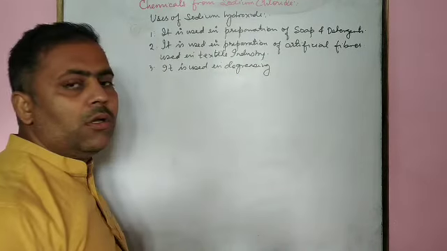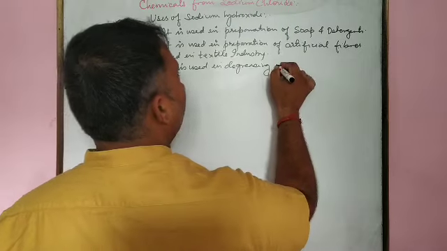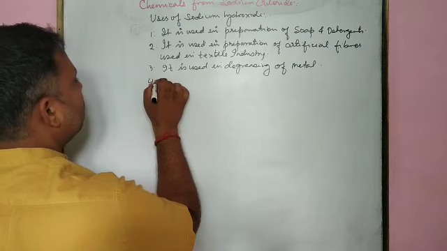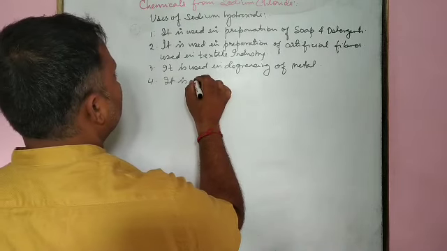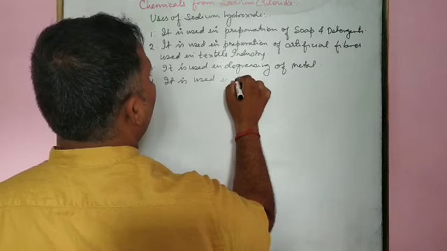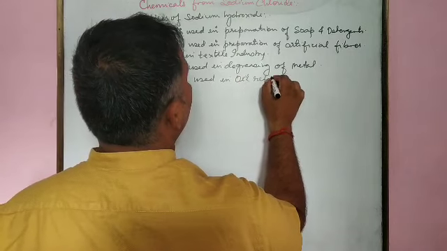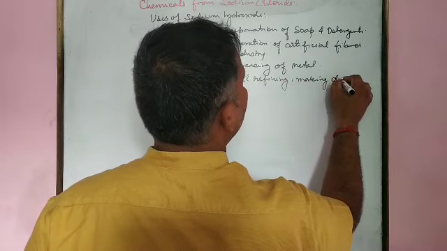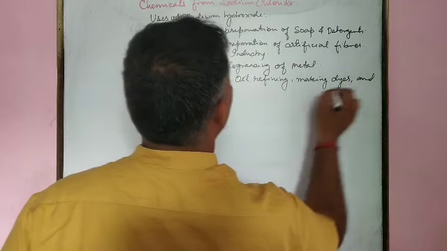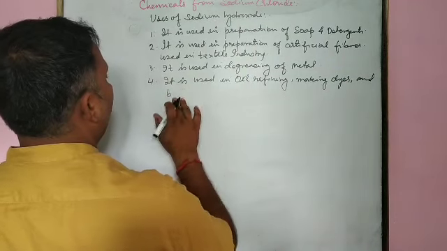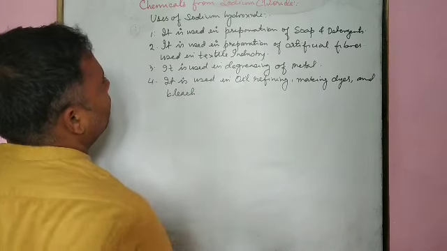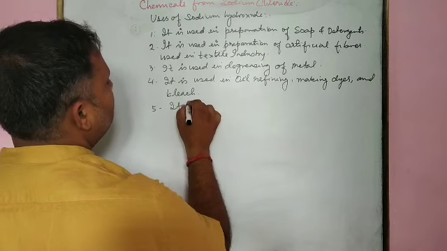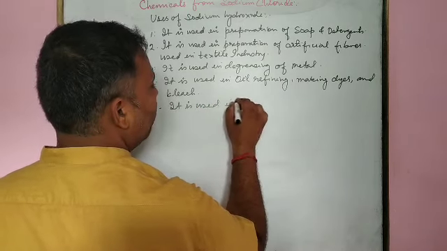Degreasing means to remove the grease from metal. Fourth, it is used in oil refining, making dyes and bleach. Next, fifth, it is used in paper industries.